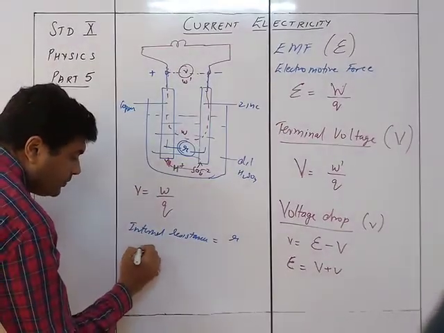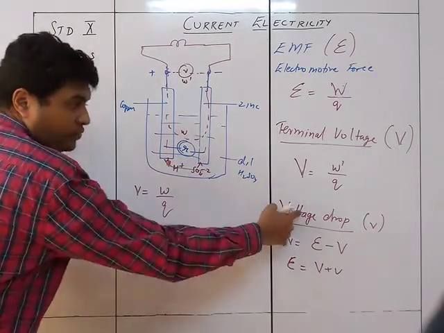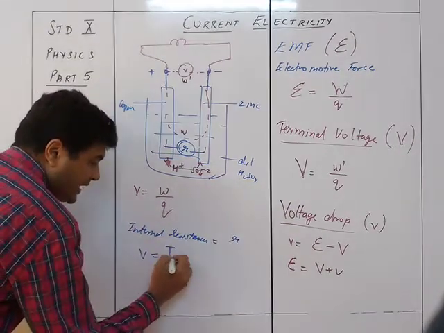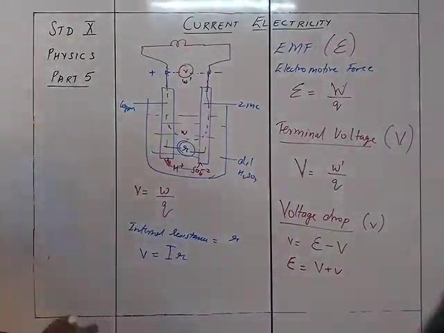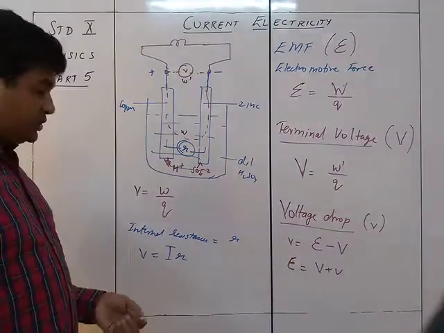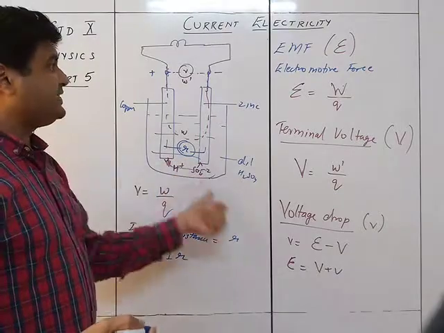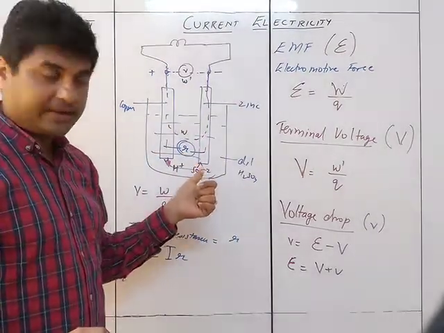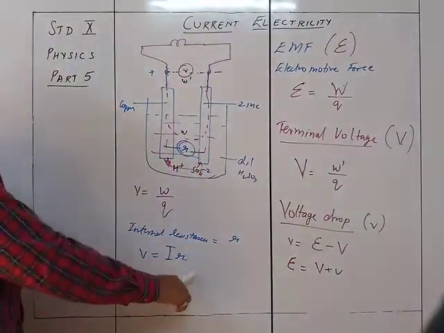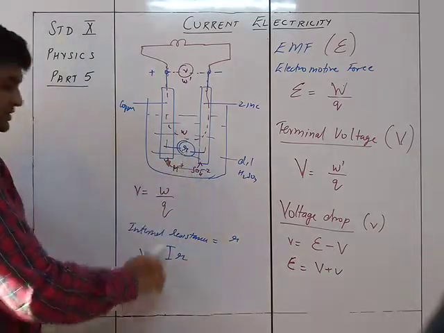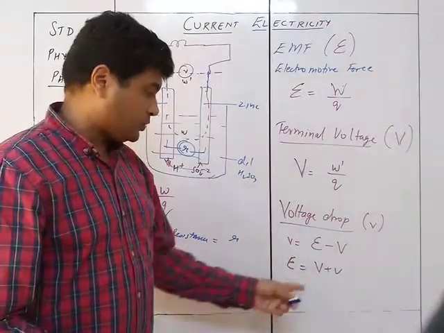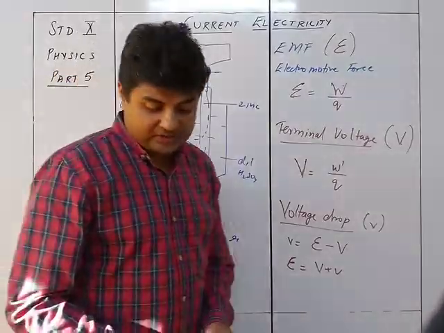So the voltage drop v will be equal to current I into r, because we know that V upon I is equal to R. The current is going to be the same throughout the circuit. So current into the internal resistance r will give you the voltage drop. So the voltage drop here will be known to us.